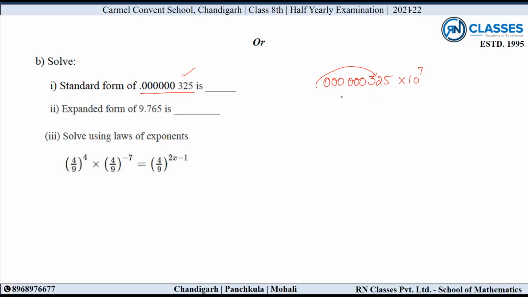We multiply by 10 raised to the power 7 to move it to 3.25, and for 10 raised to the power 7 we have to divide. So this will be 3.25 into 10 raised to the power 7 in the denominator. So the answer is 3.25 into 10 raised to the power minus 7, in standard form.